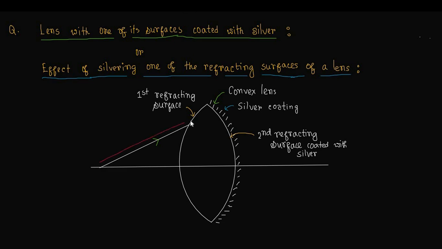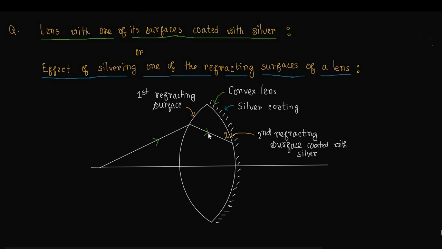In this case, this is the incident ray which is incident on the first refracting surface. And this incident ray will be refracted along this path after refraction through the first refracting surface inside the lens.